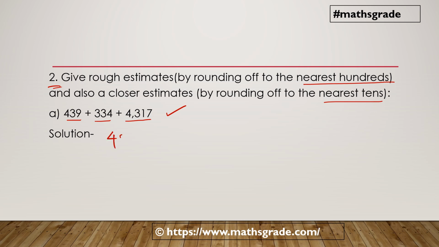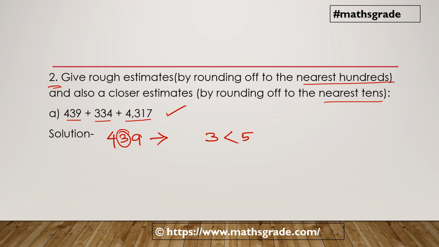439. In 439, when we round off any number to the nearest hundred, first look at the tens place digit. Here tens place digit in 439 is 3, which is less than 5. So don't add 1 to the hundred place digit. Just write down 4 as it is and write down 0 in tens place and unit place digit.